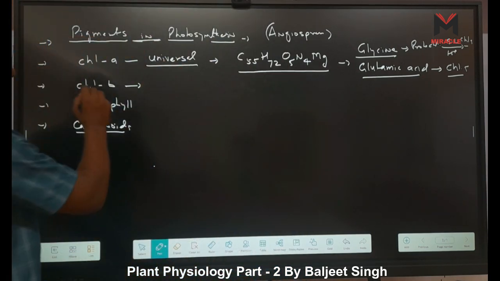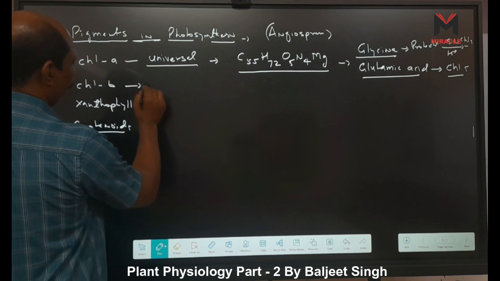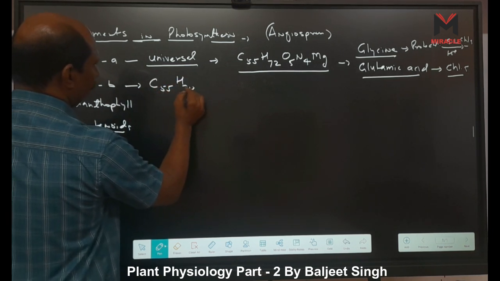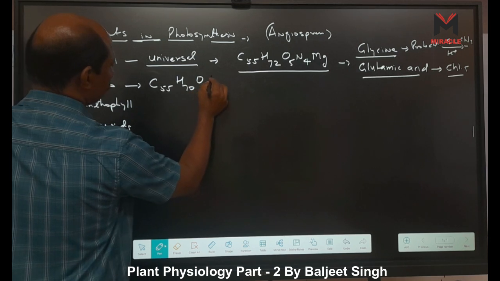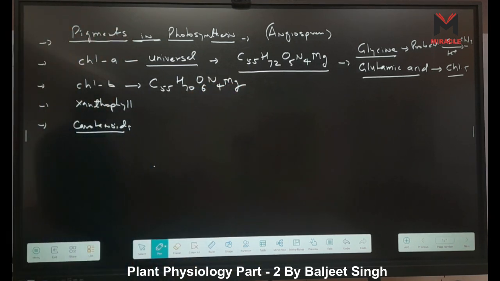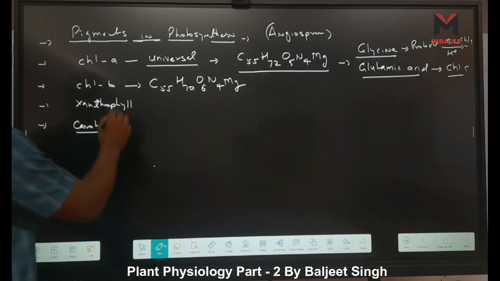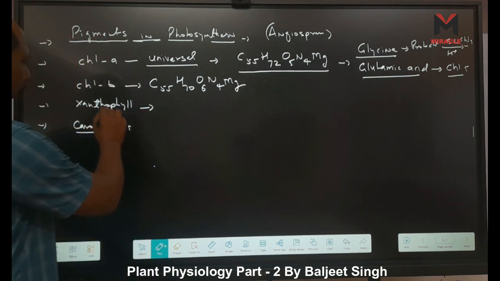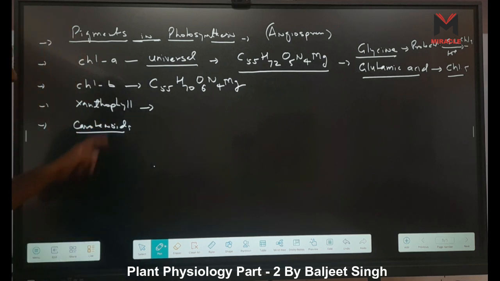Now chlorophyll B, its chemical formula is C55H70O6N4Mg, right? Xanthophyll is the derivative of carotenoids.